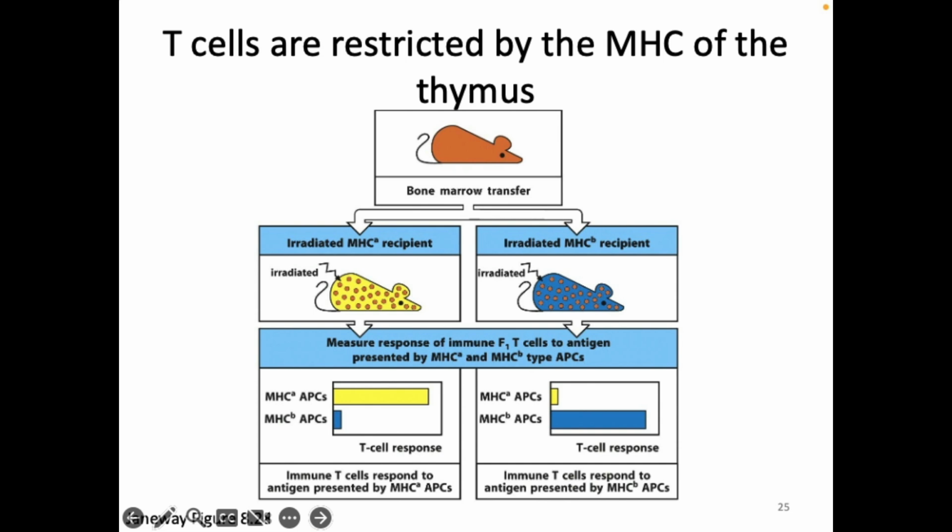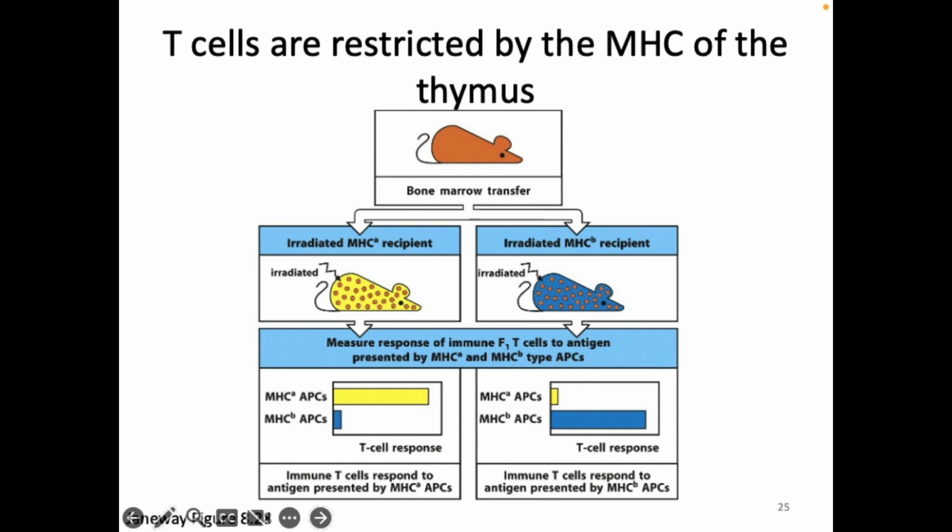You will see a couple more slides like this later. But what I'm showing you here is a situation where I have mice of 3 different strains: orange, yellow, and blue. Here's my yellow mouse, here's my blue mouse. My yellow mouse undergoes radiation.